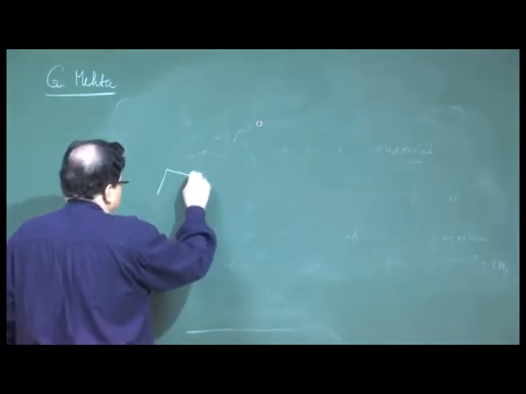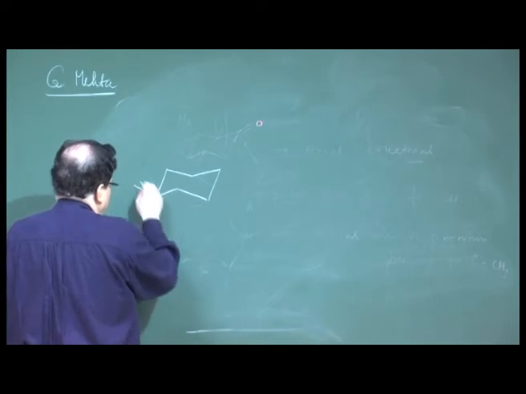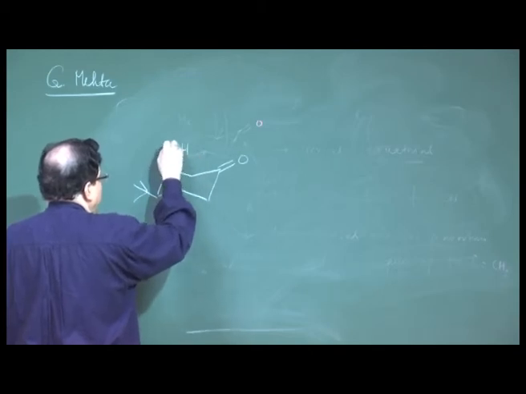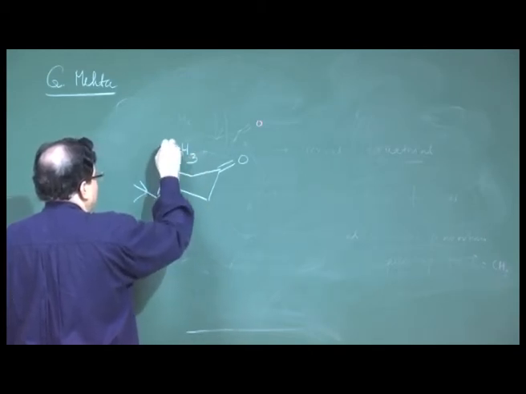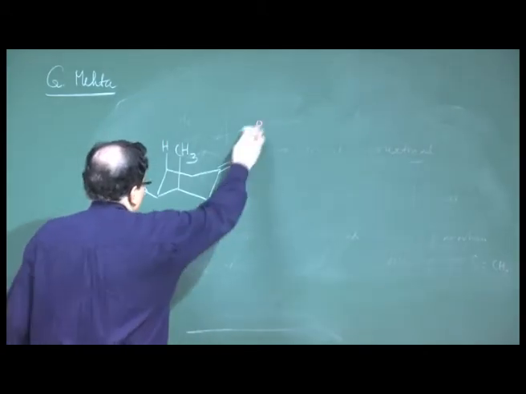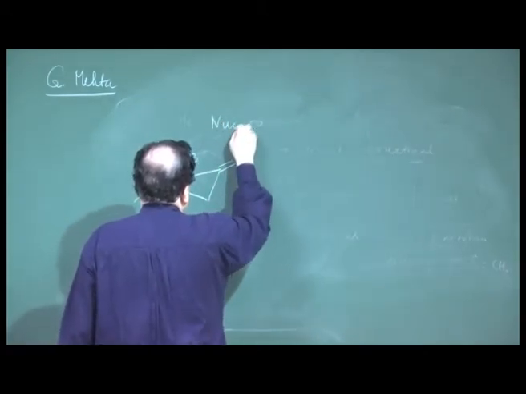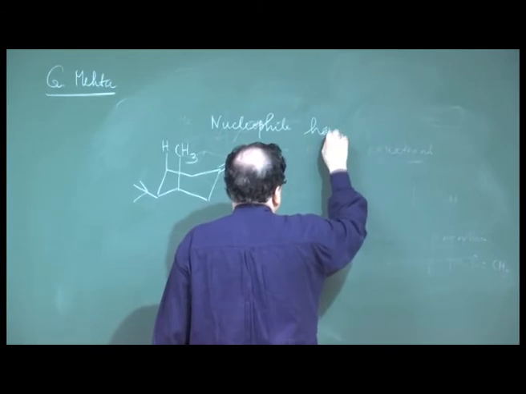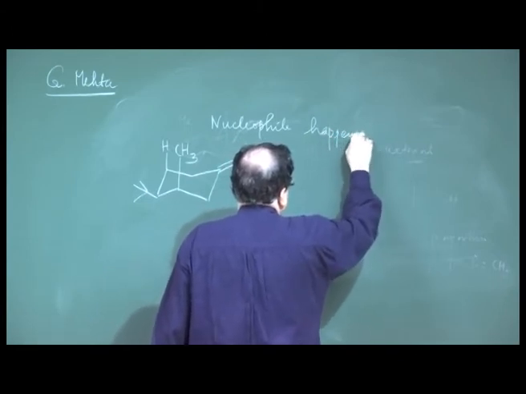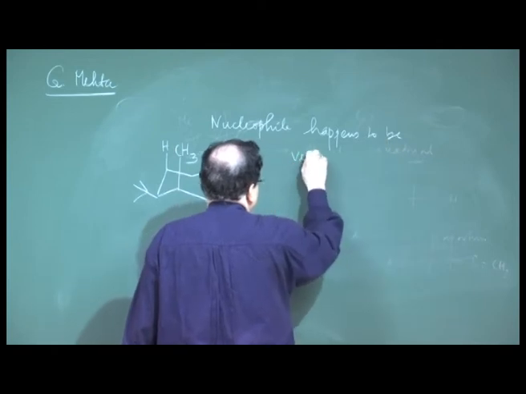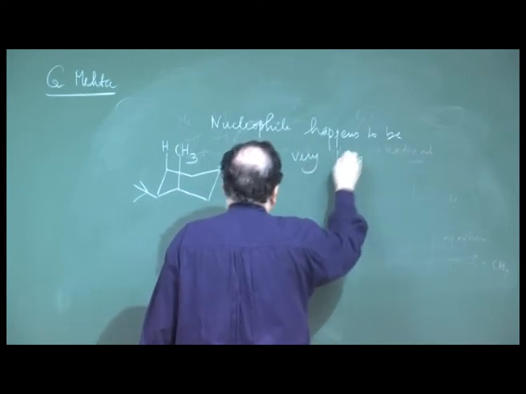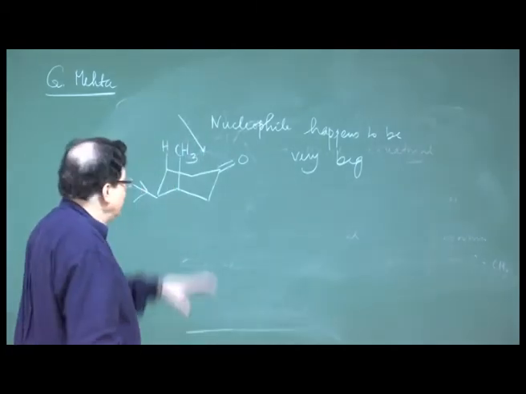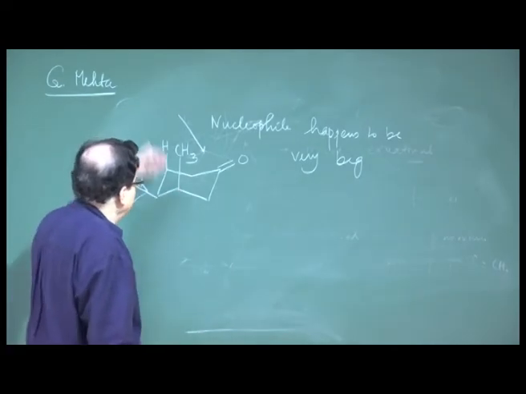One more point I always want to mention: if the nucleophile happens to be really very big, or suppose you have a methyl and a hydrogen here, so you have an axial methyl, and your nucleophile is very big, then whatever stability we are talking about of the antibonding orbital will all be washed out by the steric effect.